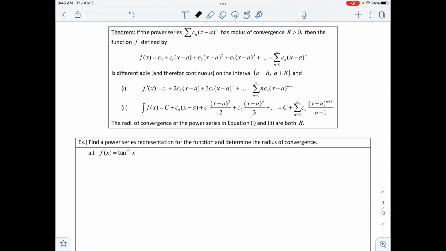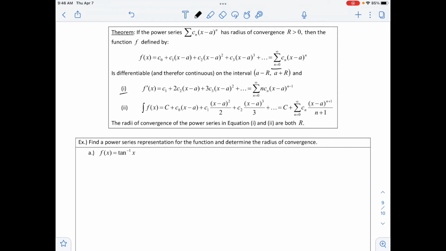And this is going to be the sum from n equals 0 to infinity of c sub n times x minus a to the nth power is differentiable and therefore continuous on the interval a minus r, comma a plus r. And we have 2 things here to note.